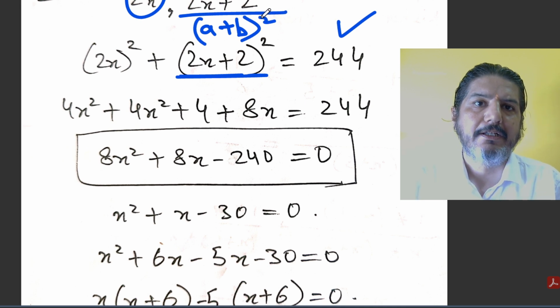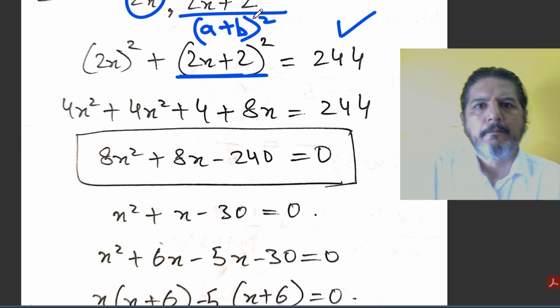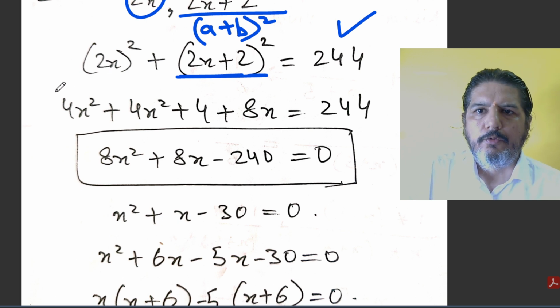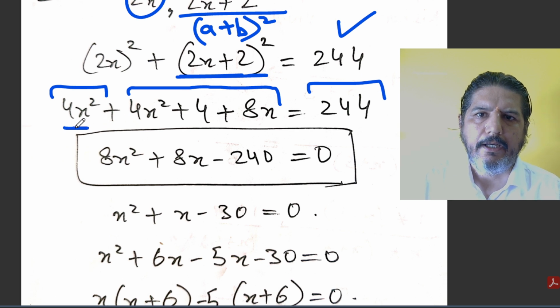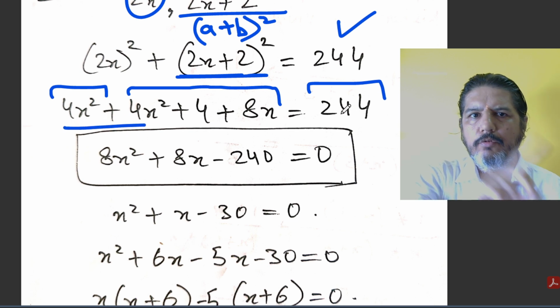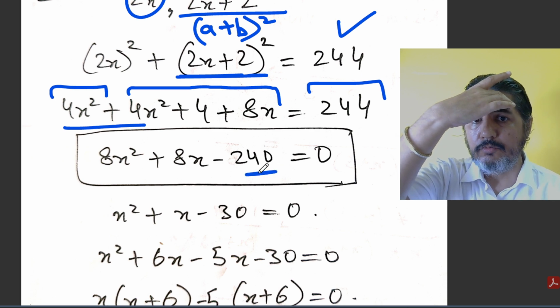So please look at the playlist given in the comment section. So this is 4x square, this is 4x square plus 4 plus 8x is equal to 244. I add these, 8x square plus 8x, and 244 comes to the left hand side, so this becomes 240.